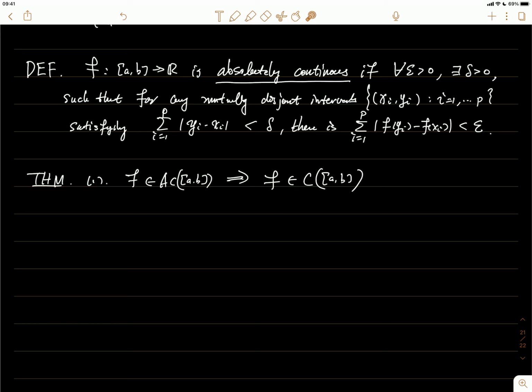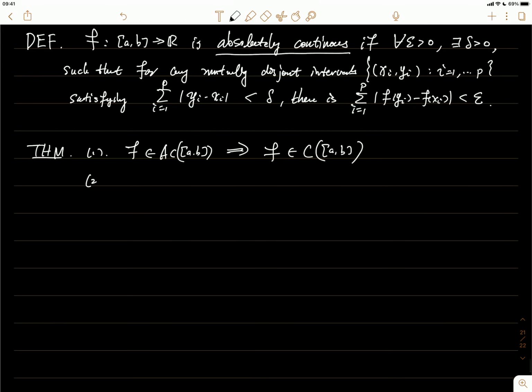For any h less than delta, f of x plus h minus f of x will be less than epsilon. So this is just continuity of f at point x. And actually from here we can also show that this is not just absolutely continuous, it's actually uniformly continuous, right? So absolute continuity is pretty strong. It implies the function is continuous and also uniformly continuous.